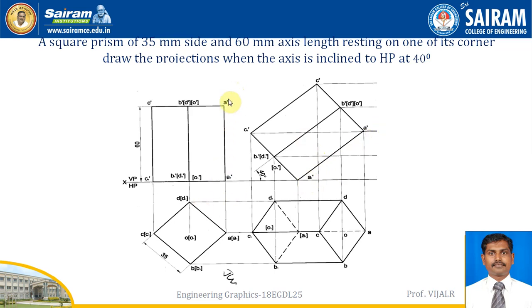Select this A1, take a compass, measure this, mark here, and draw this one at 90 degrees to this line. If you take a protractor you can draw a 90 degree line, then measure this distance and make an arc here. In Solid Edge this is not required, we can just move and rotate with the corner.